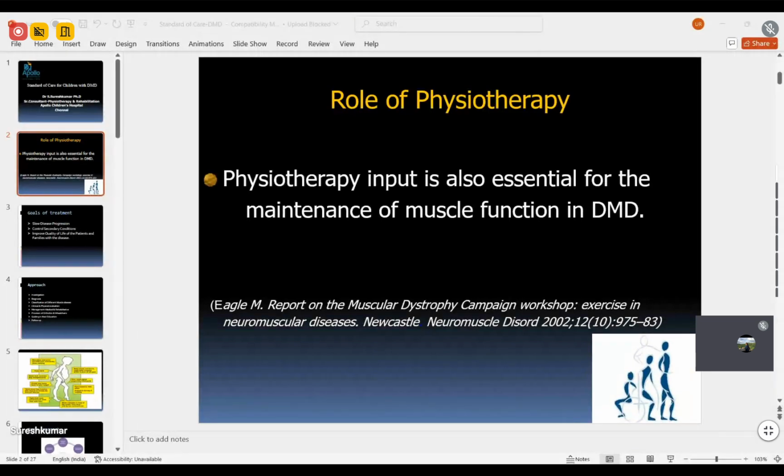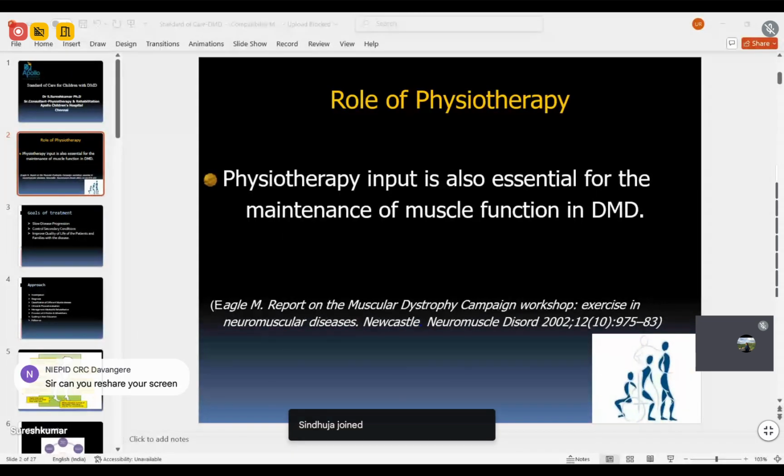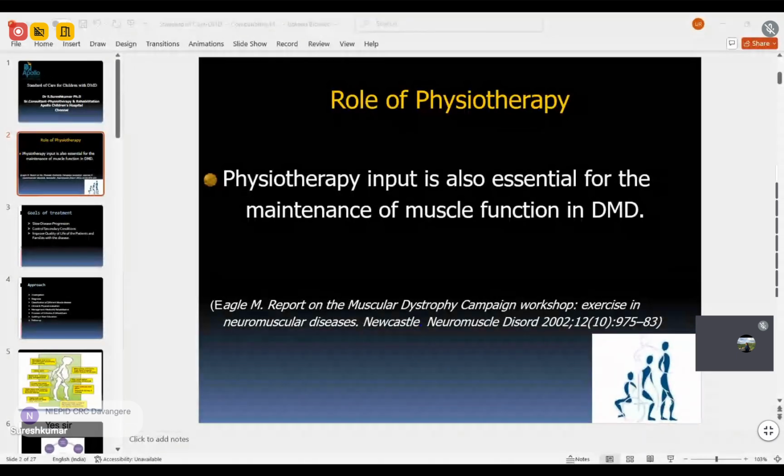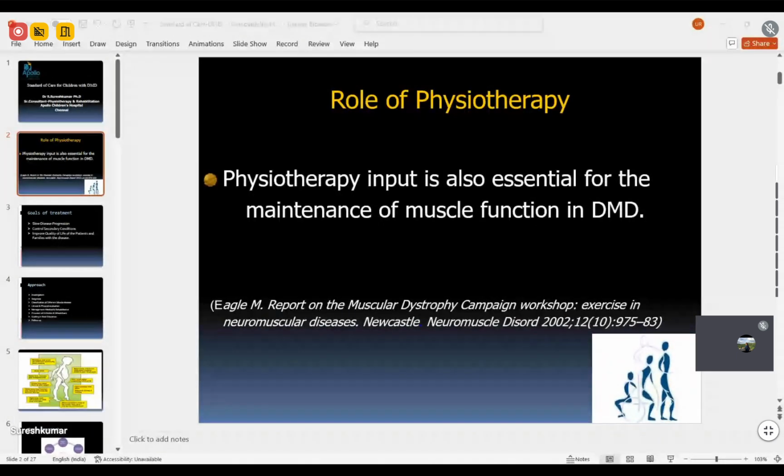Hypercapnia due to some other reason, like chronic COPD, has a lot of ways to manage. But in these children, as there is restriction of muscles, they are not in a position to blow out properly. To get an idea about retention of carbon dioxide, we do an overnight sleep study.